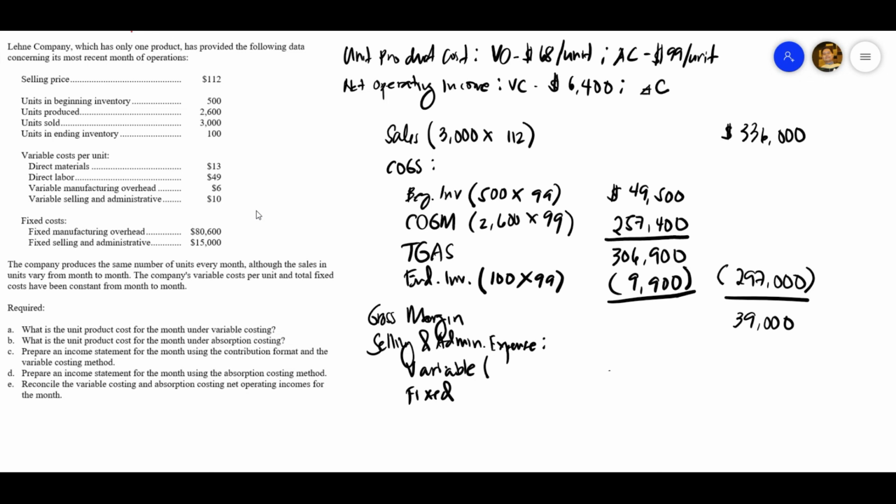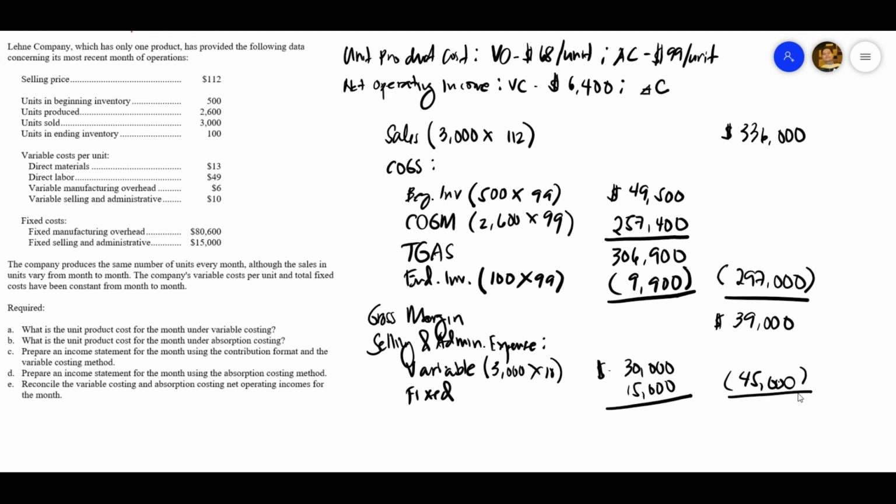So for your variable, it's 3,000 units multiplied by our variable selling and administrative cost per unit of $10. That will give us $30,000. Okay. For our fixed, it is already given here. It's 15,000. So we'll just write it in here. So your total selling and administrative expense is how much? It's $45,000.